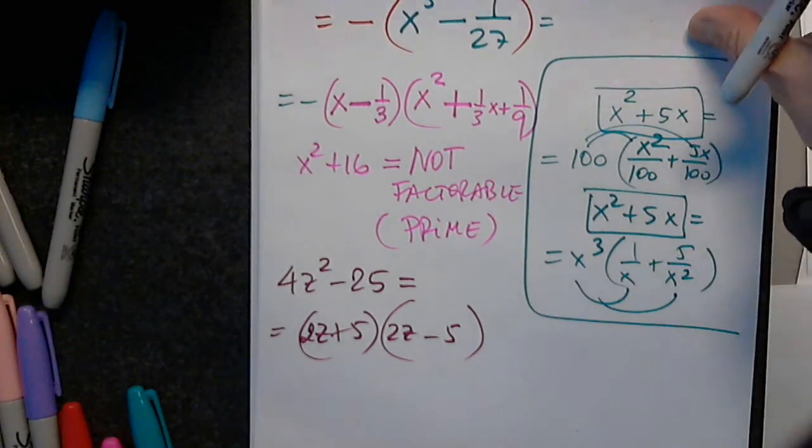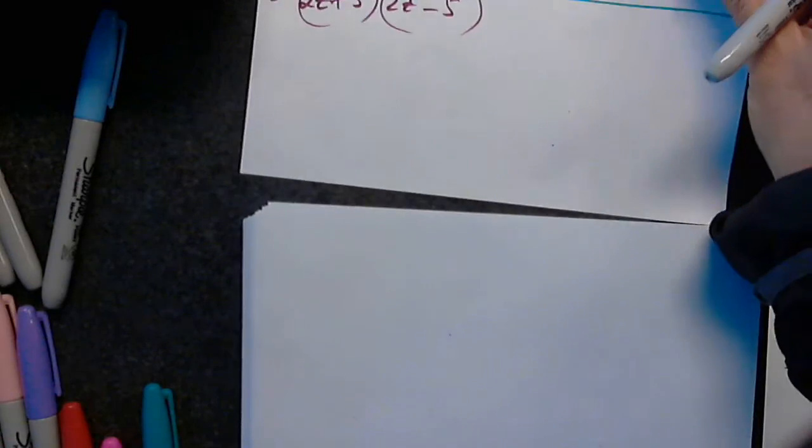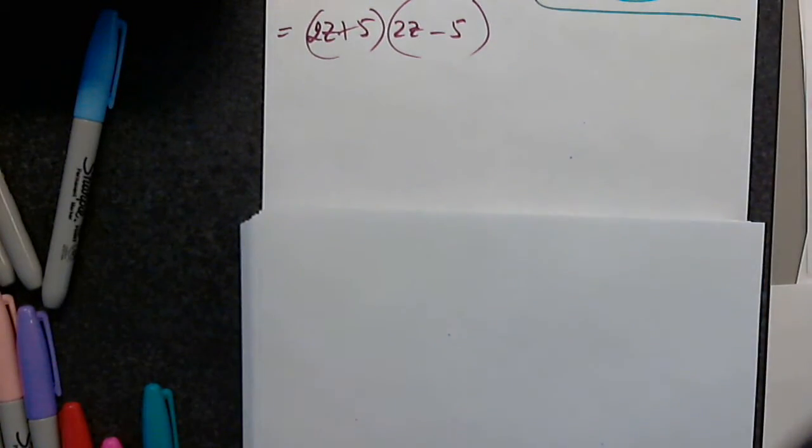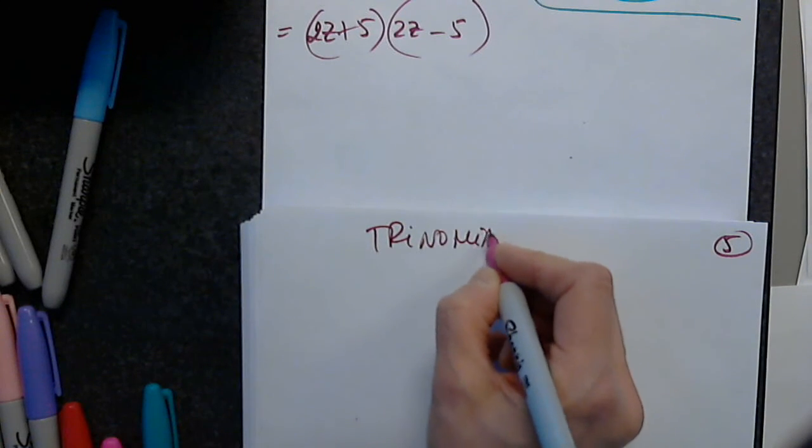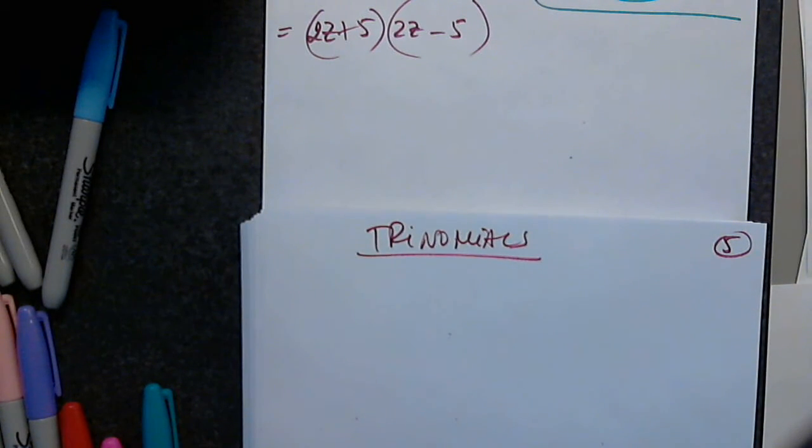Moving on to trinomials. Yes, it's a lot of work, and a lot of practice too. This is the most difficult of the 3. The last one is the easiest. The first one is second easiest. This is the most difficult of all.